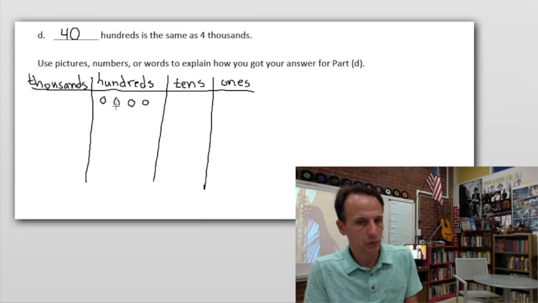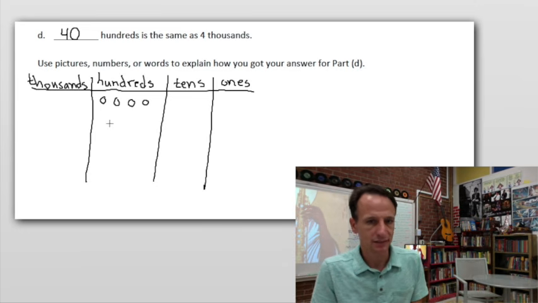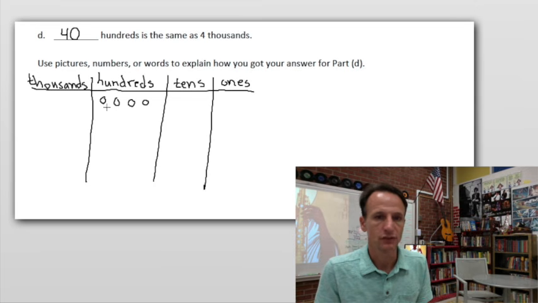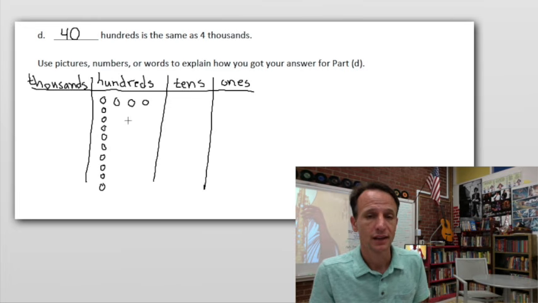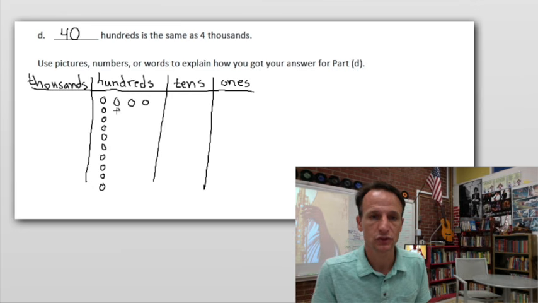Now, if I multiply it by 10, to have 40 hundreds, there's one there, so 2, 3, 4, 5, 6, 7, 8, 9, 10. You'll need some patience for this. And then with the second 100, there's one there, so 2, 3, 4, 5, 6, 7, 8, 9, 10.